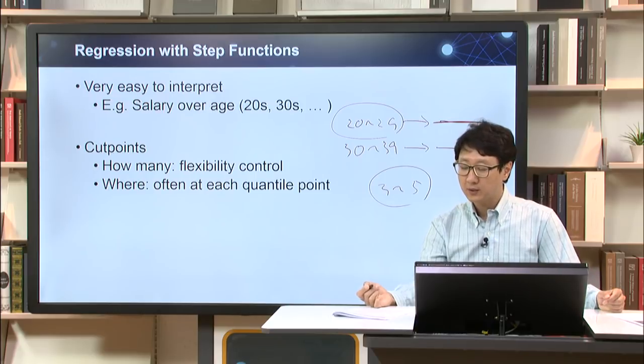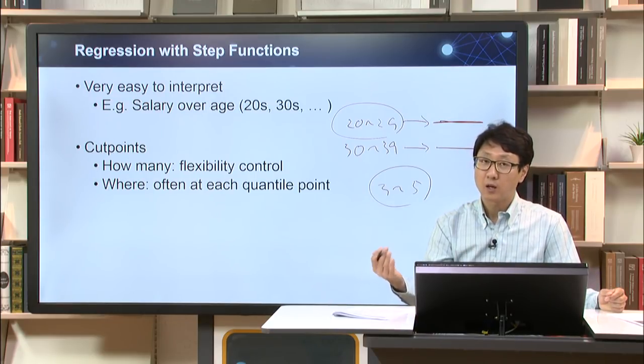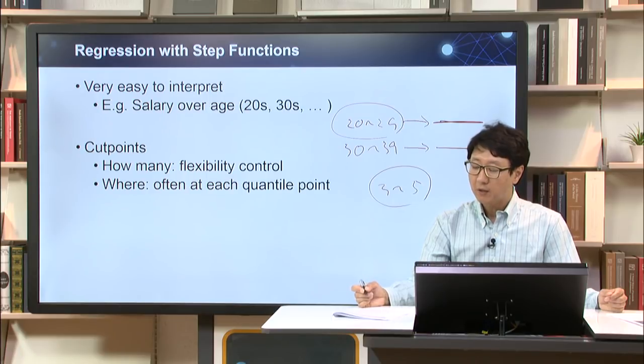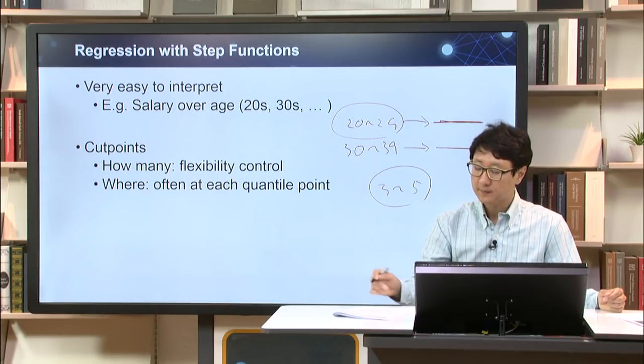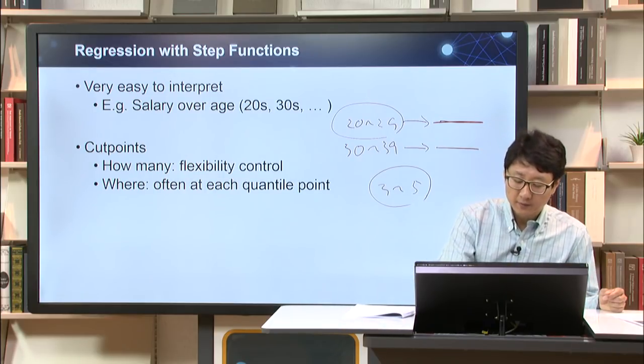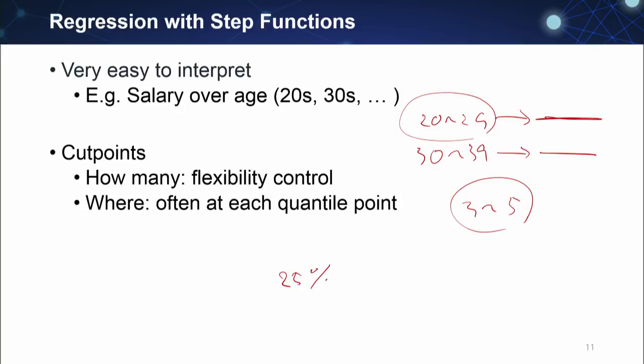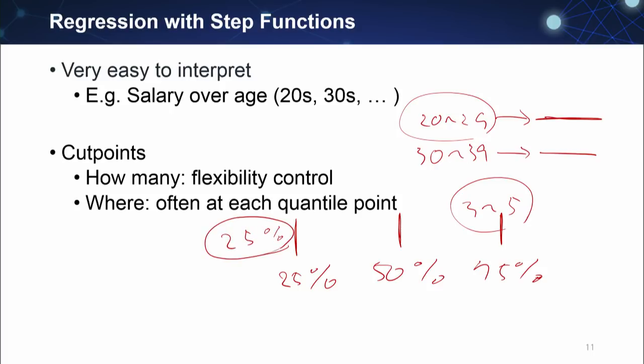Then the next issue is the location of the cut points. There is no definite answer, but there is a convention that people usually follow. Usually, cut points are located at quantile points. For example, if we use 3 cut points, they are usually at the 25%, 50%, and 75% quantiles, which means that less than 25% of the samples are below the first point.